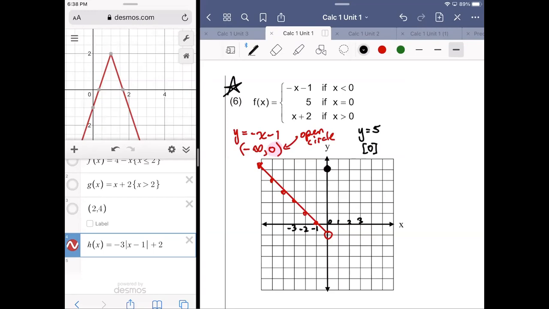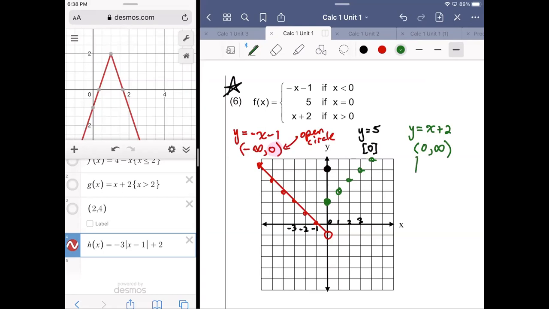The last piece is x plus 2. So we'll do that in green. Y equals x plus 2, but starting off at 0, going to infinity. So x plus 2. All these points here, but only going to infinity. So I don't need all these points here that I'm drawing in. I don't need any of these, because I want to start at 0.